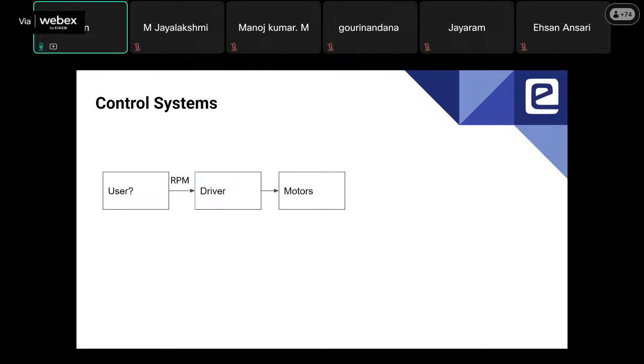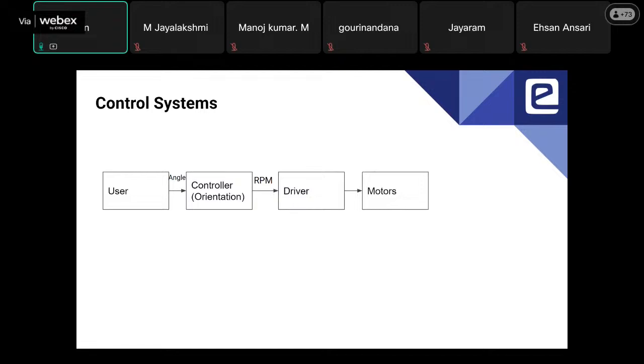No. The user can't actually directly specify the RPM or the velocity at which the motor should rotate. In that case, we'll have some kind of smart controller in between, which will give the RPM or velocity at which the motor should rotate to the motor driver. All the user has to do is give input to that smart controller. So here the user will give angles as the input.